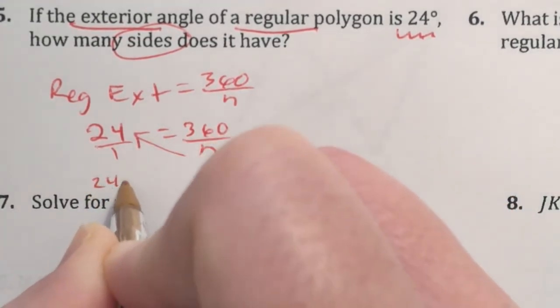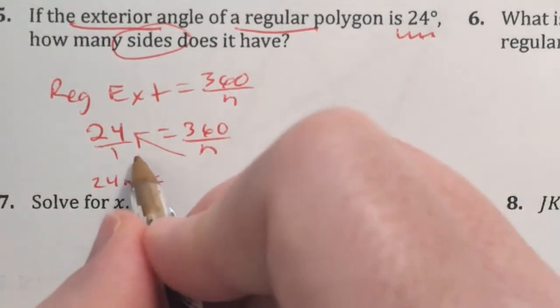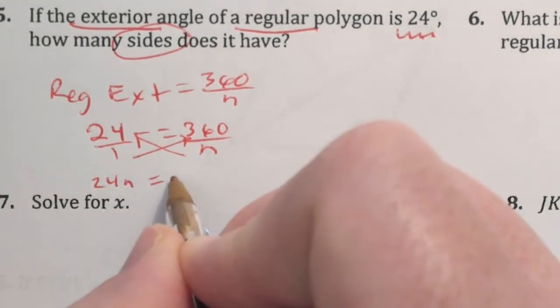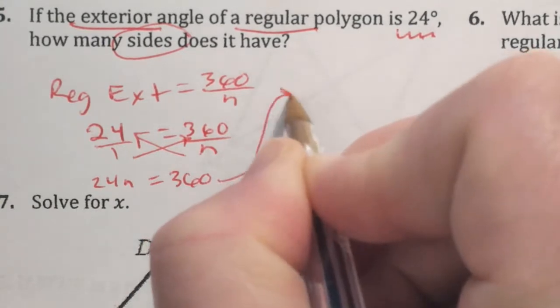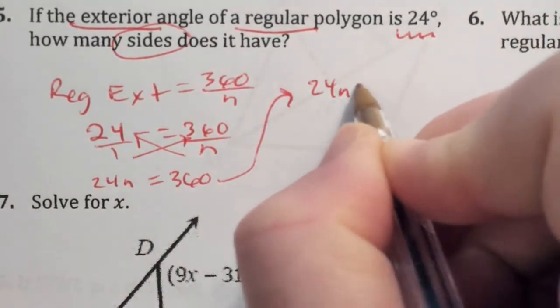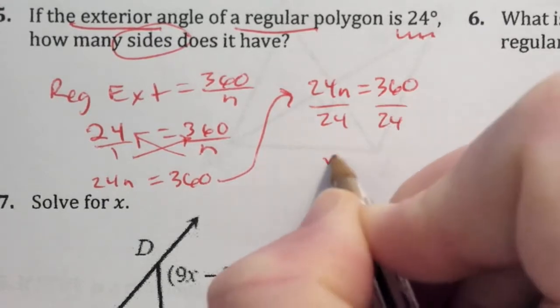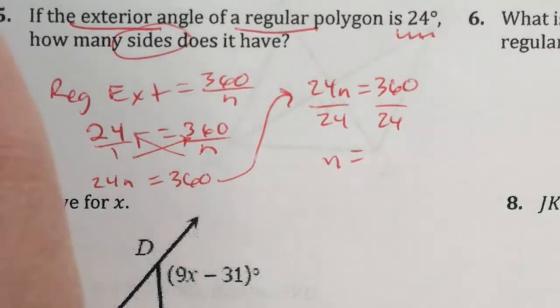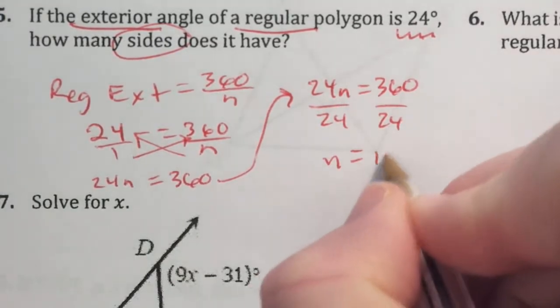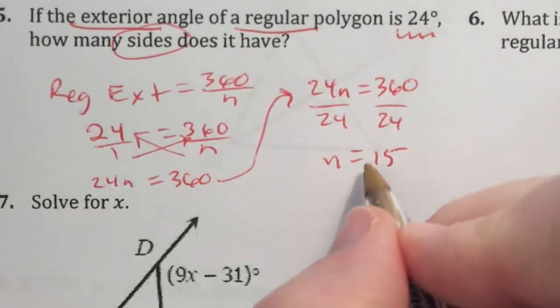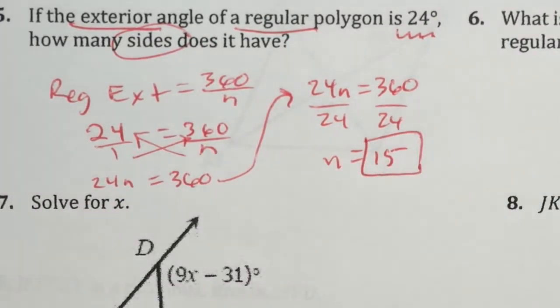So 24 times n equals 1 times 360, which is 360. 24n is equal to 360. I'm going to divide both sides by 24, and n would equal 15. And that's what they wanted. How many sides? The answer is 15.